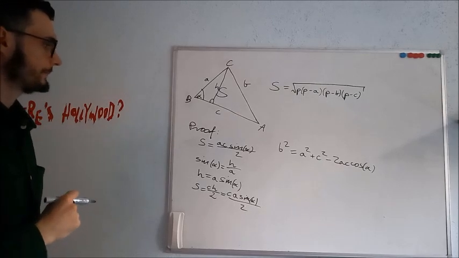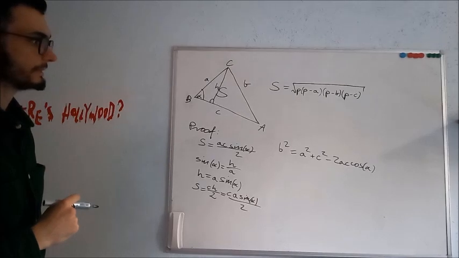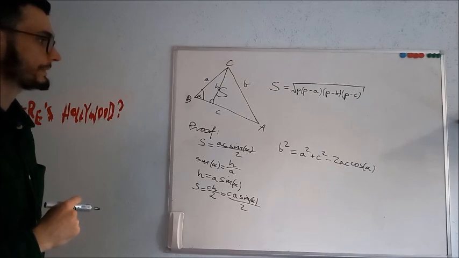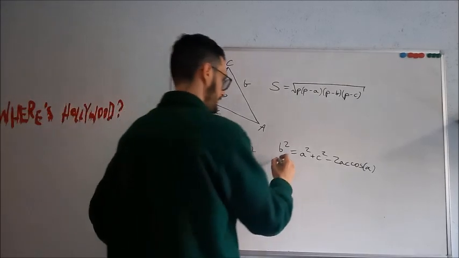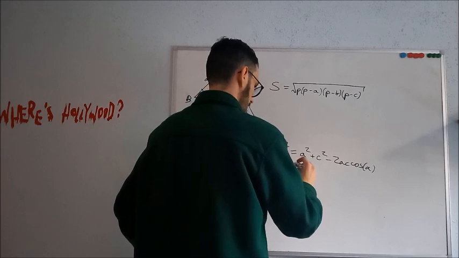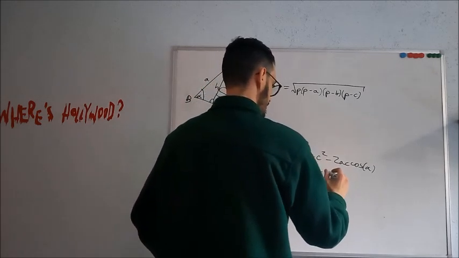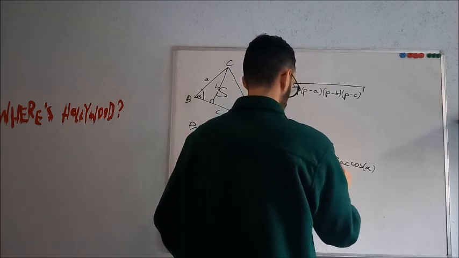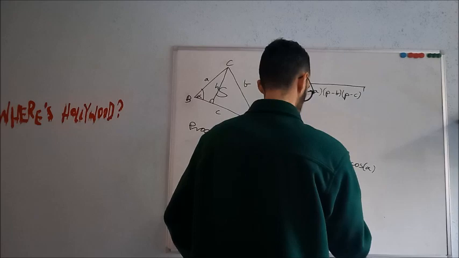Right, and the next thing is to extract the cosine alpha from the given equality. Right, so the cosine alpha is b squared minus a squared minus c squared over minus 2 times a times c.